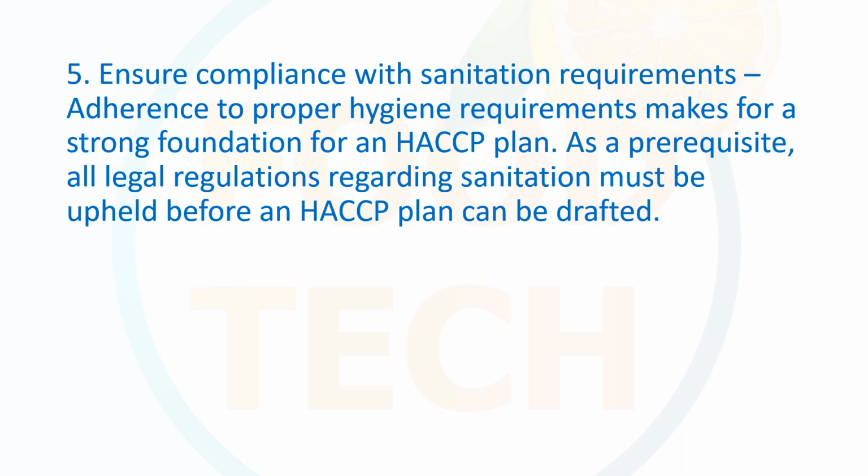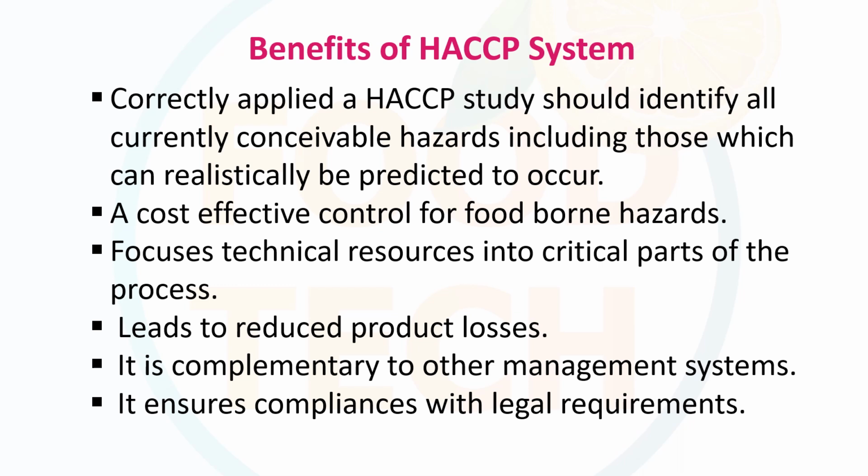Then the sanitation principle is one of the major things of HACCP: what the sanitation requirements are for the particular product. This should be mentioned in the HACCP plan, which is one of the important things. So these are the benefits of the HACCP system. It helps to avoid hazards and give safe food, and avoid foodborne illnesses.